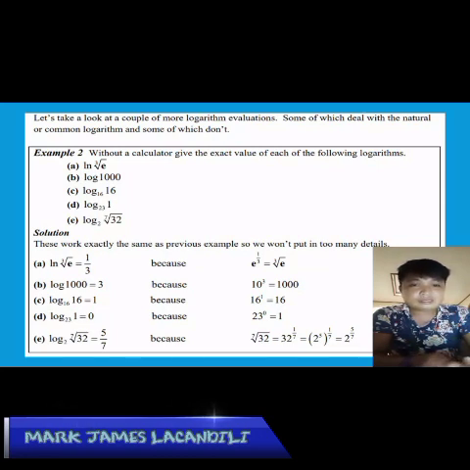We compute these in this solution. This works exactly the same as the previous example, so we won't go into many details. In letter A, ln of the cube root of e equals 1 third, because e to the exponent 1 over 3 is equal to the cube root of e.